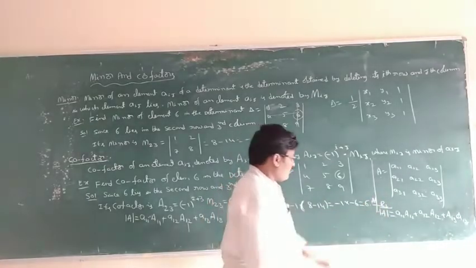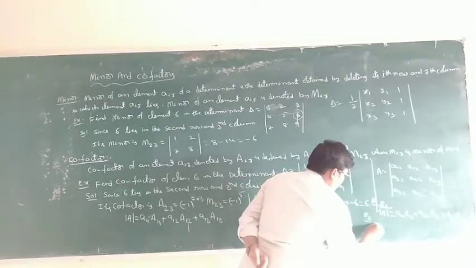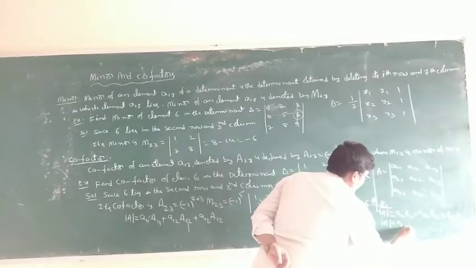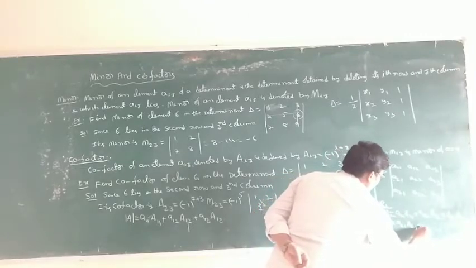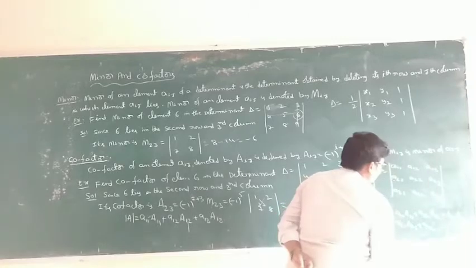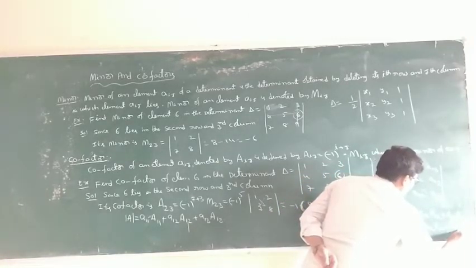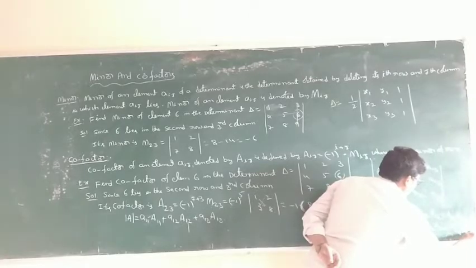Along the second row, det A is equal to what? Small a21 into capital A21, small a22 into capital A22, small a23 into capital A23.